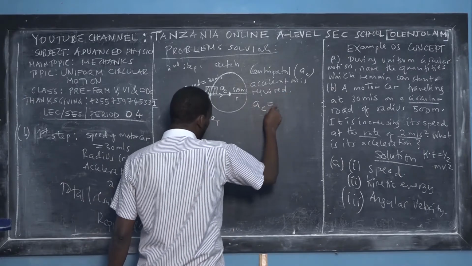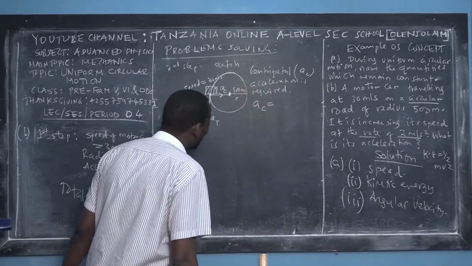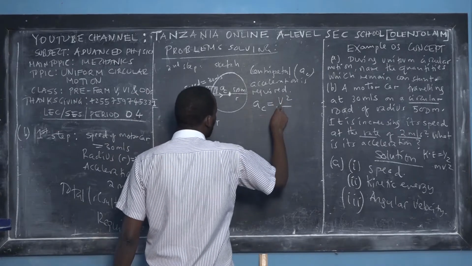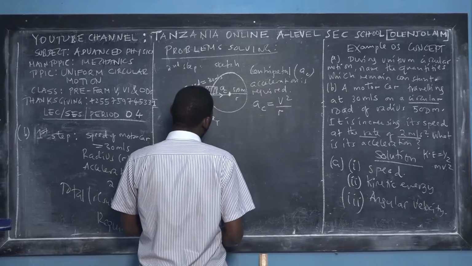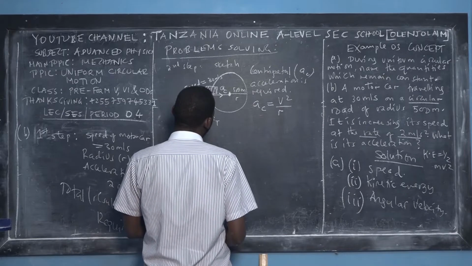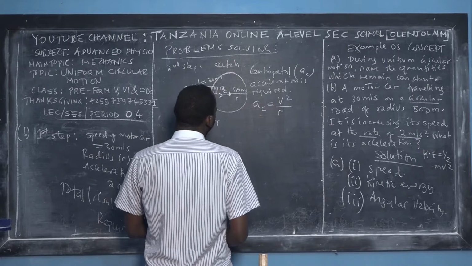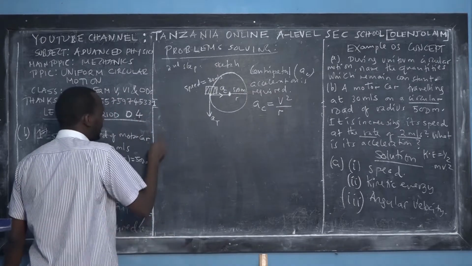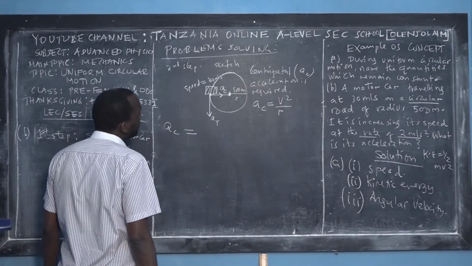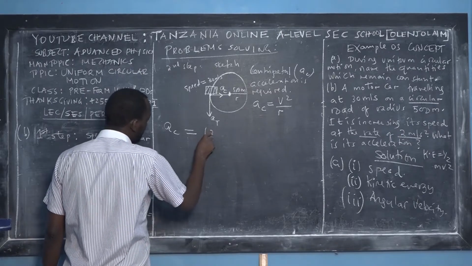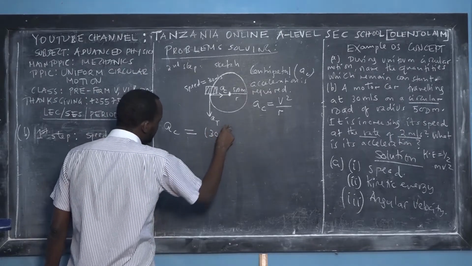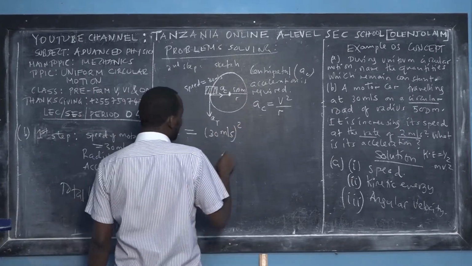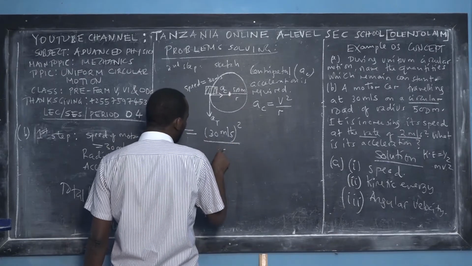I told you that we have 3 formulas to find the centripetal acceleration. The first one is the square of the linear velocity over the radius r. According to the question, all the data is given. The velocity is 30 meters per second, squared, over R, which is 500.